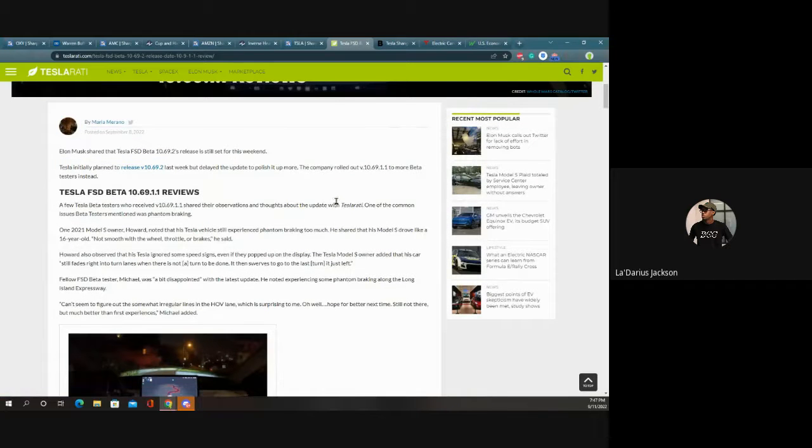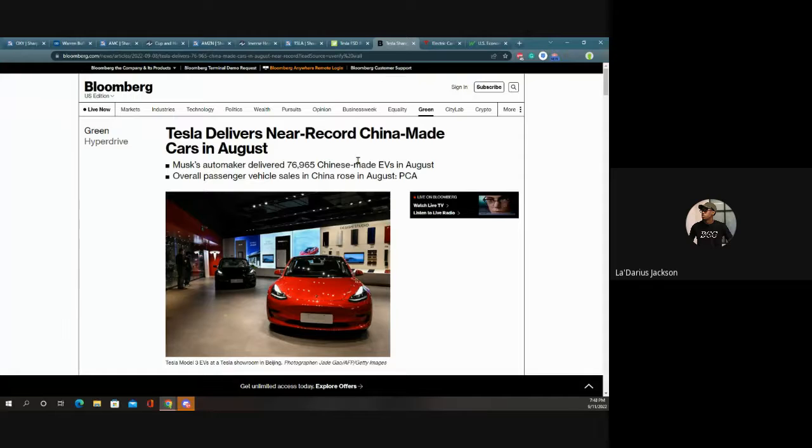From what I've read, it decreases the error in lane presence by 44%, which is big because people like using the full self-driving software. That's what FSD stands for, full self-driving, and they continue to upgrade it. But again, this is just a beta coming out this weekend. Good news, right?